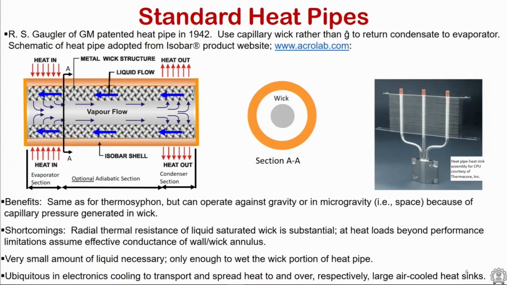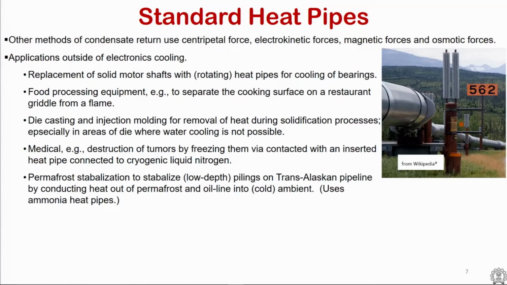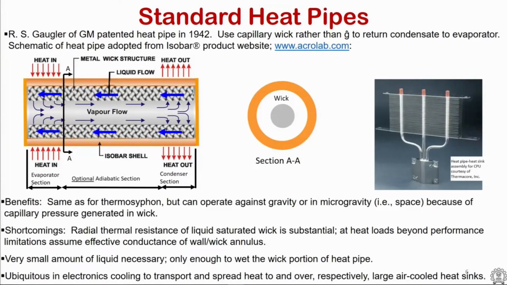So, in most cases, the capillary pressure of the wick is the most important parameter. Often the heat pipe fails because if the capillarity is not sufficient, then the liquid never comes back to the evaporator end. So, that makes it challenging, and so designing a wick is crucial in improving the heat carrying capacity of a heat pipe.